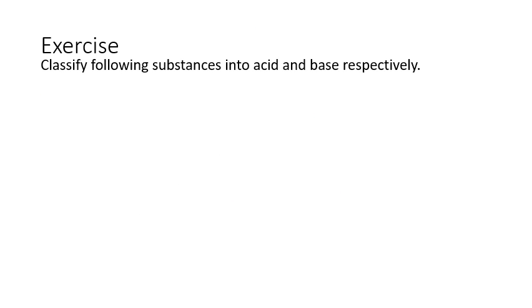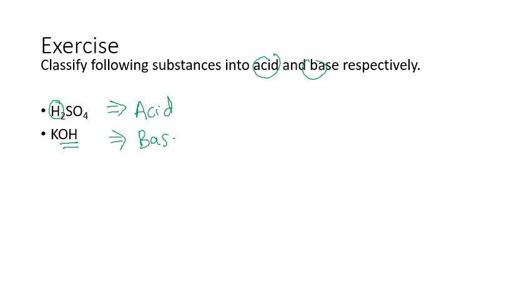Okay, let's do some exercise. Classify the following species into acid and base respectively. We have a quick way to do it by looking at the chemical formula. For this H2SO4, we can see the H, so we know that this is an acid. While KOH, we see the hydroxide ion, we know this is a base.